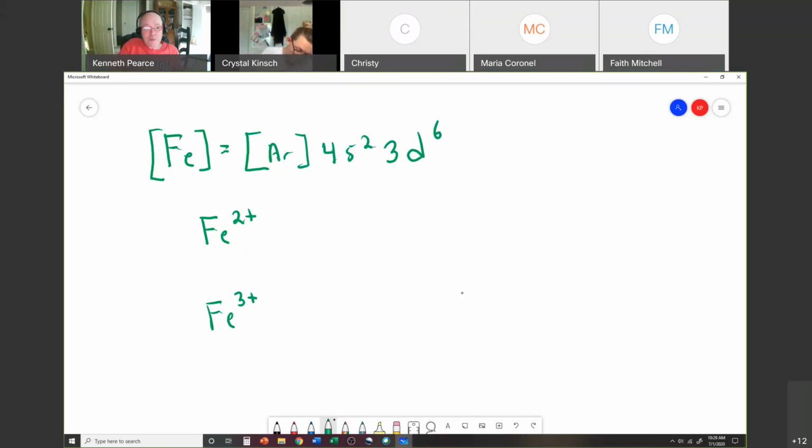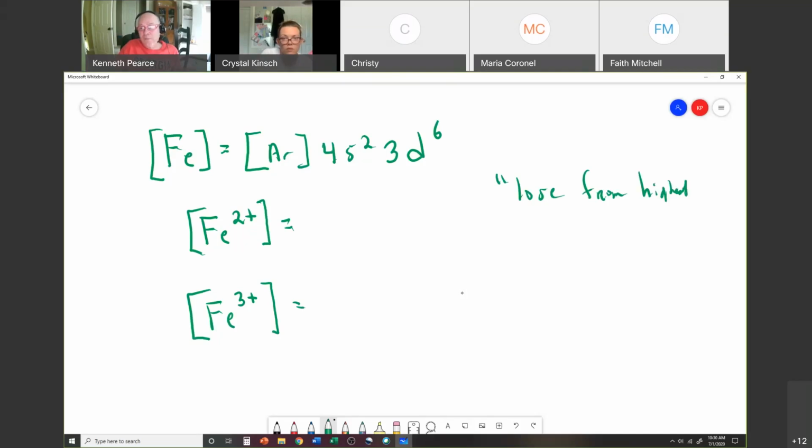Now, here's the thing. When we write out the electronic configuration for these guys, the rule is you lose from the highest sublevel, or the highest subshell.